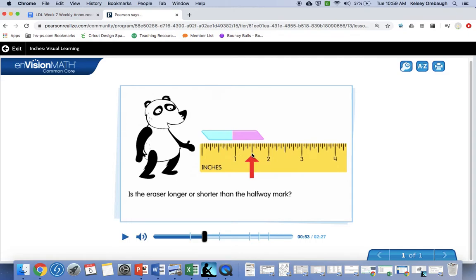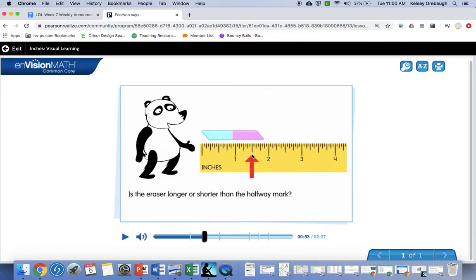The halfway mark on an inch ruler is the line that is about halfway as long as the lines for the inch markings. So see, the 1 inch line goes down this far. The half inch line does not go down as far. It's halfway between 1 inch and 2 inches.